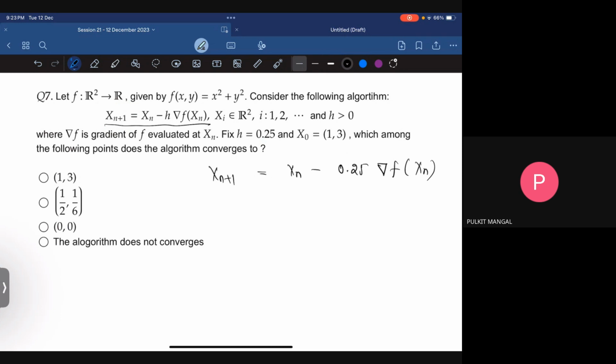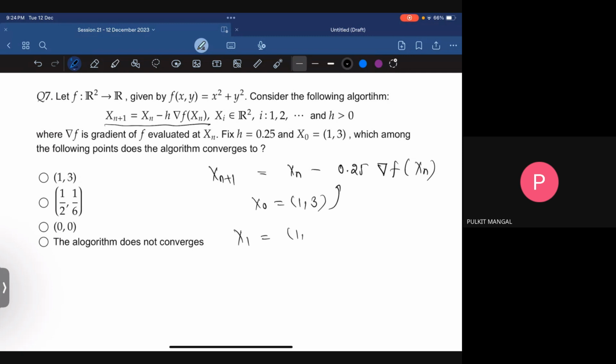Basically we need to see, we have x naught given to be 1 comma 3. So from x naught we can find x1. What would be x1 here?